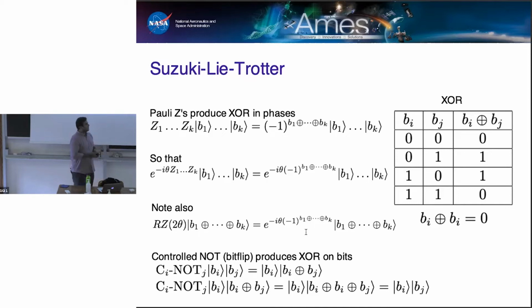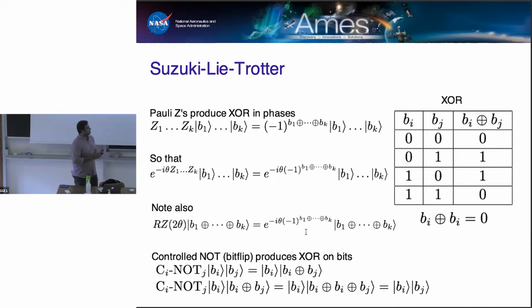Okay, so I need one more observation to write down a completely general circuit for how to compile this kind of operation. I note that the C naught operation also produces the XOR operation, but this time it does so on the bit values themselves, not in the phases.